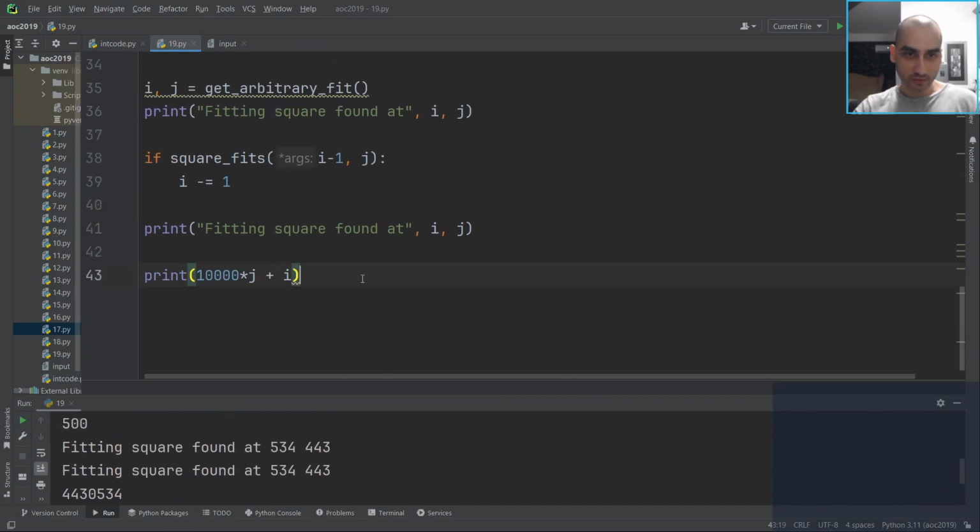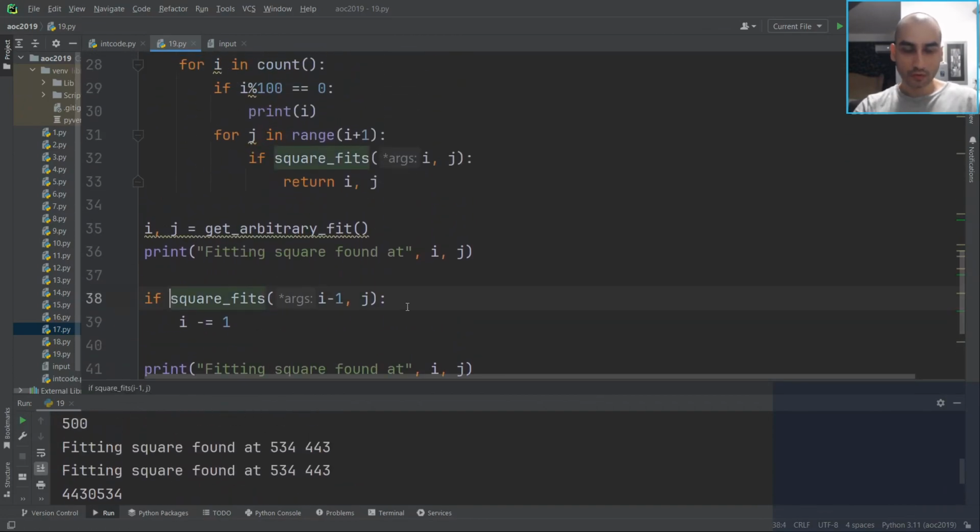Should we do this one more time? Let's say, while square fits I minus 1 j, I minus equal 1, because if it was a weird angle, you could actually keep going up a bit more.